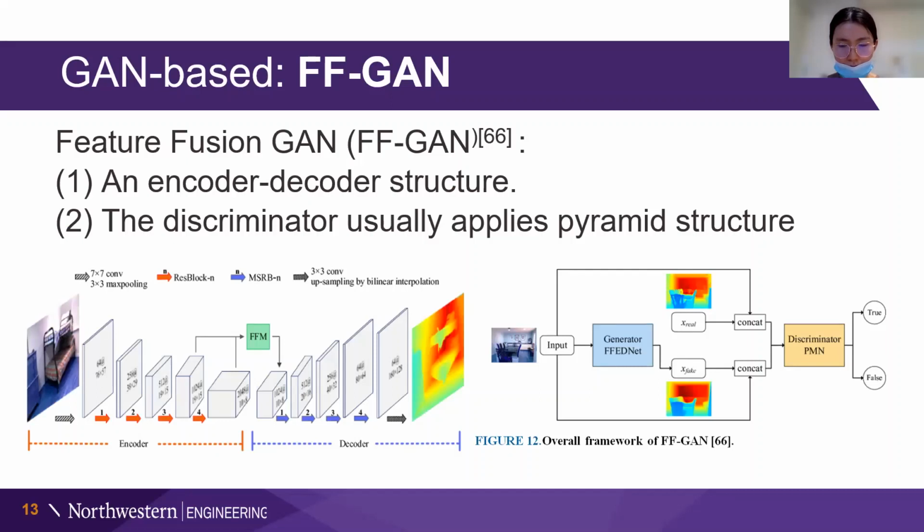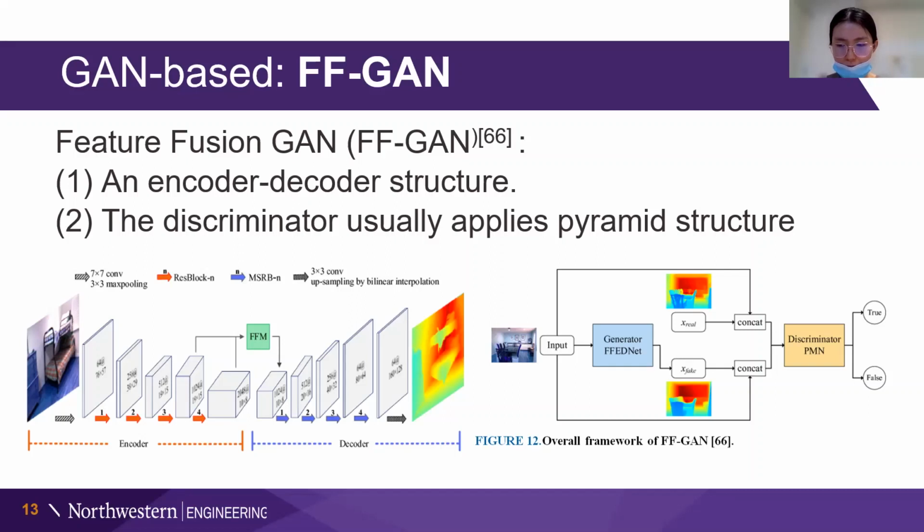So we come to the last method using GAN. GAN is an end-to-end method, as shown on the slides. It first encodes and re-encodes the image space, and then decodes and re-decodes to get the depth image.